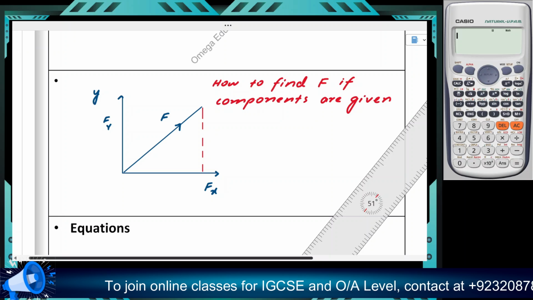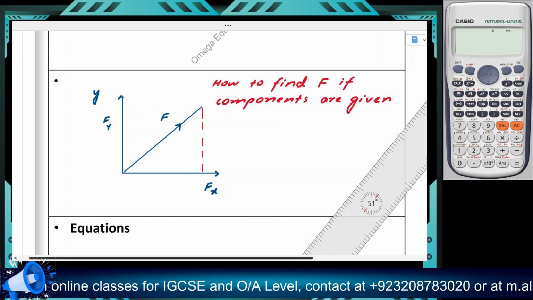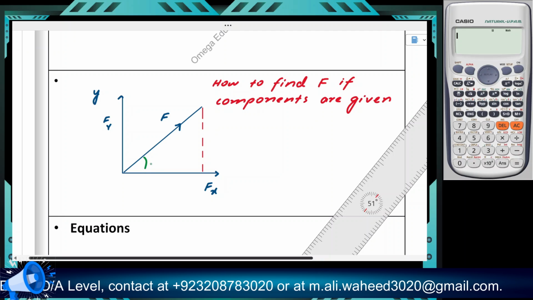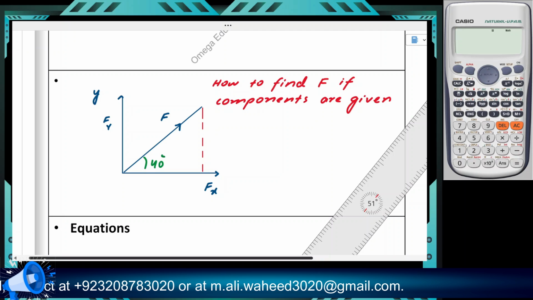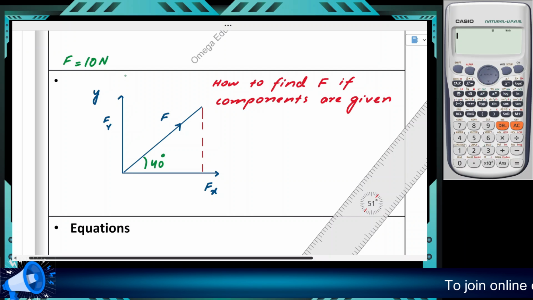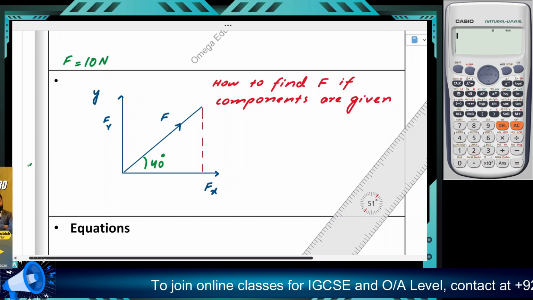Let's say the magnitude of the vector F is given as 10 Newton. And you're also provided with the angle, which in this case is 40 degrees. If you're provided with the magnitude of the vector, let's say given as 10, and you're also provided with the angle, can you find the components of the vector? Yes, we can. How do we find them? By using those expressions, those formulas.